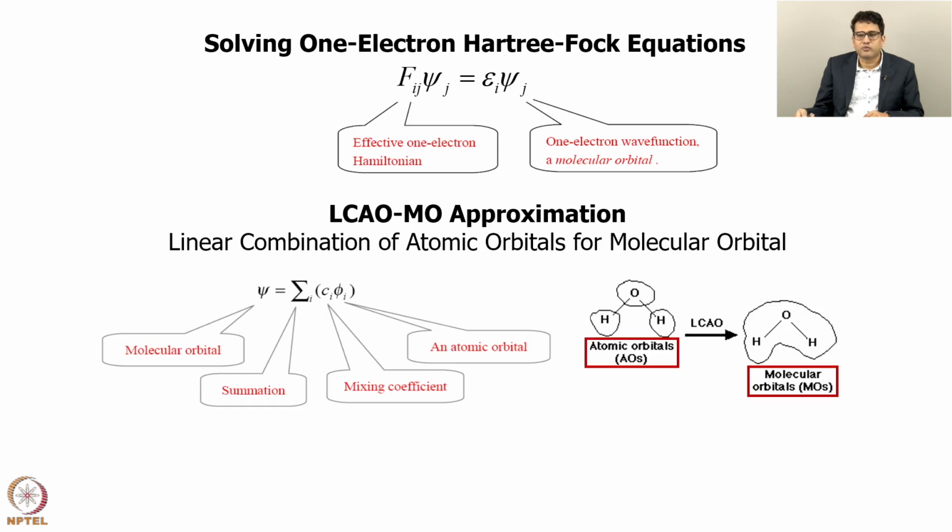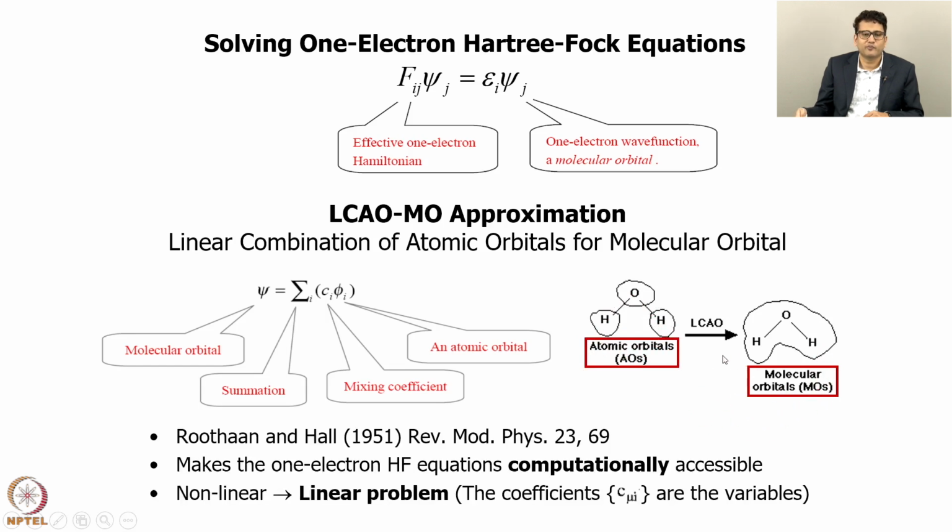If I take the case of water, I can express the water molecular orbital by a linear combination of atomic orbitals of oxygen and these two hydrogens. See here, the atomic orbitals are localized on the corresponding atoms, whereas molecular orbitals are delocalized over the entire molecule.